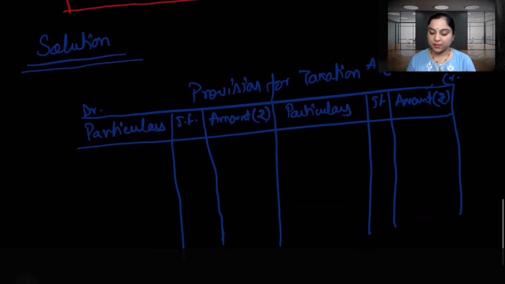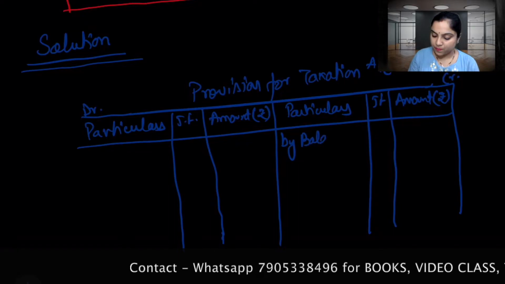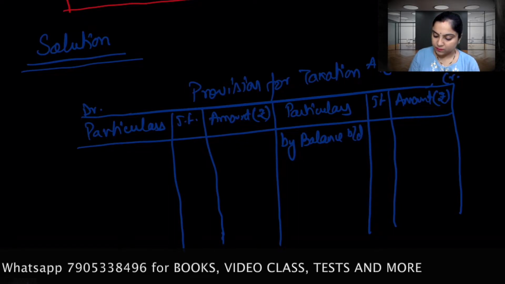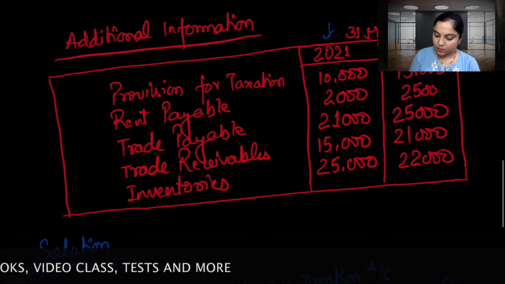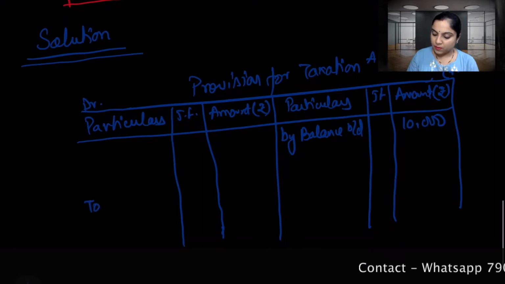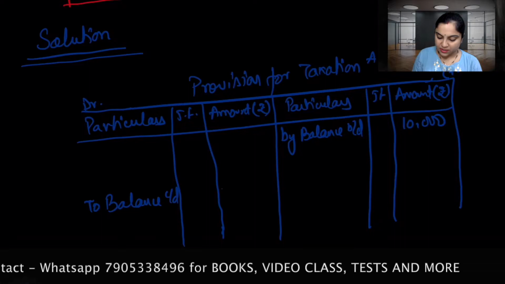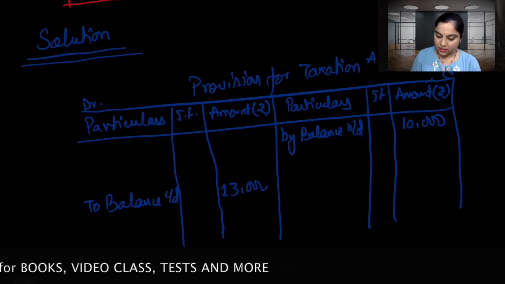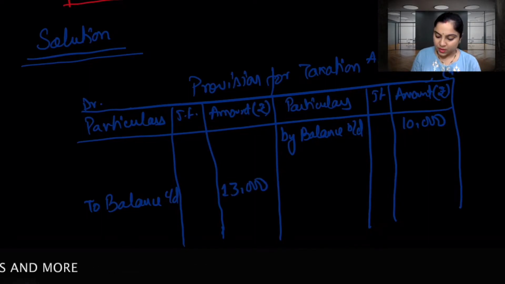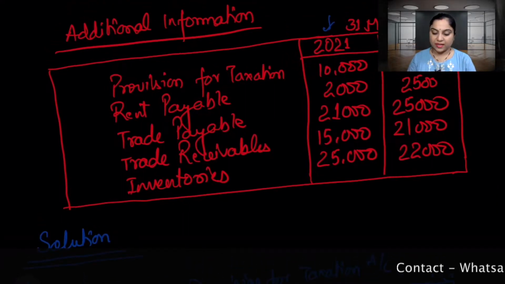Because it's a current liability, provision is 10,000. So by balance brought down, what is the amount? 10,000 is the balance brought down. And to balance carried down is 13,000, right? This is the information which is shared with us. Okay, then this part is over.